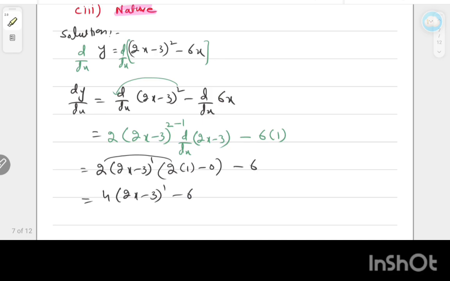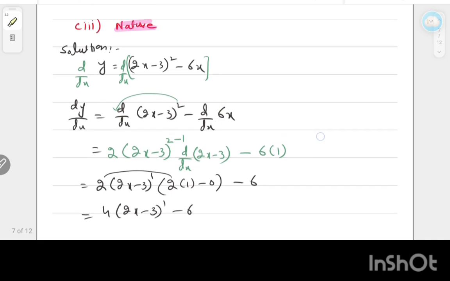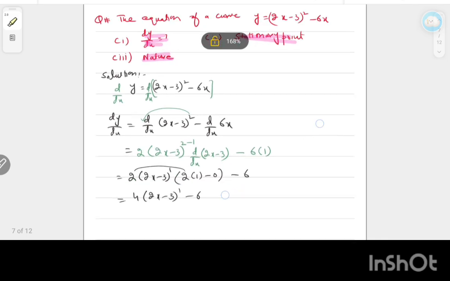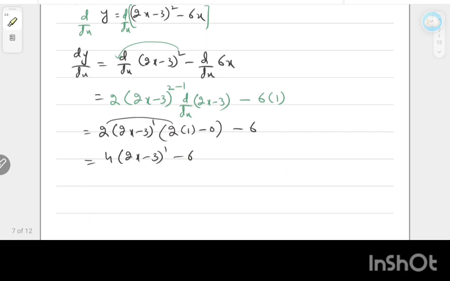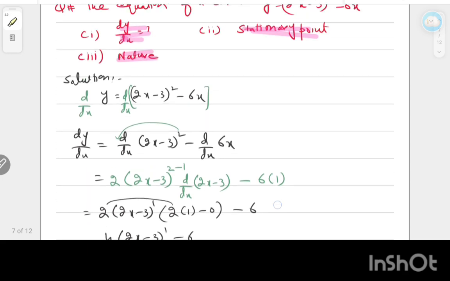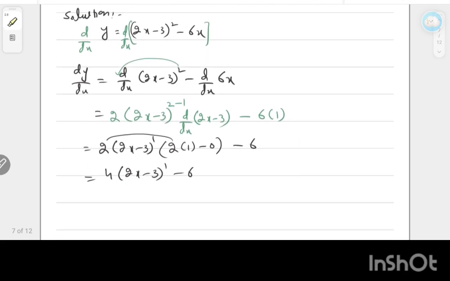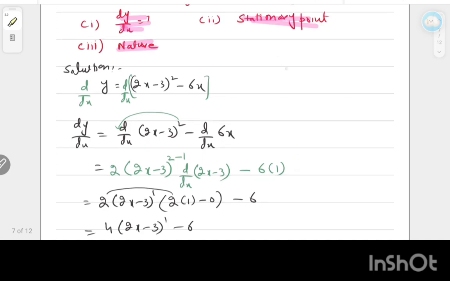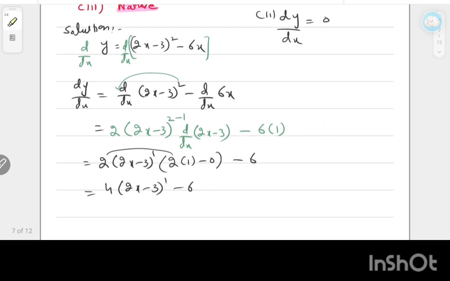Now the second part is to find the stationary point. It's a very easy stationary point. We know that dy by dx equal to 0. So what's the value of dy by dx? It is 4 into (2x minus 3) minus 6 equal to 0.